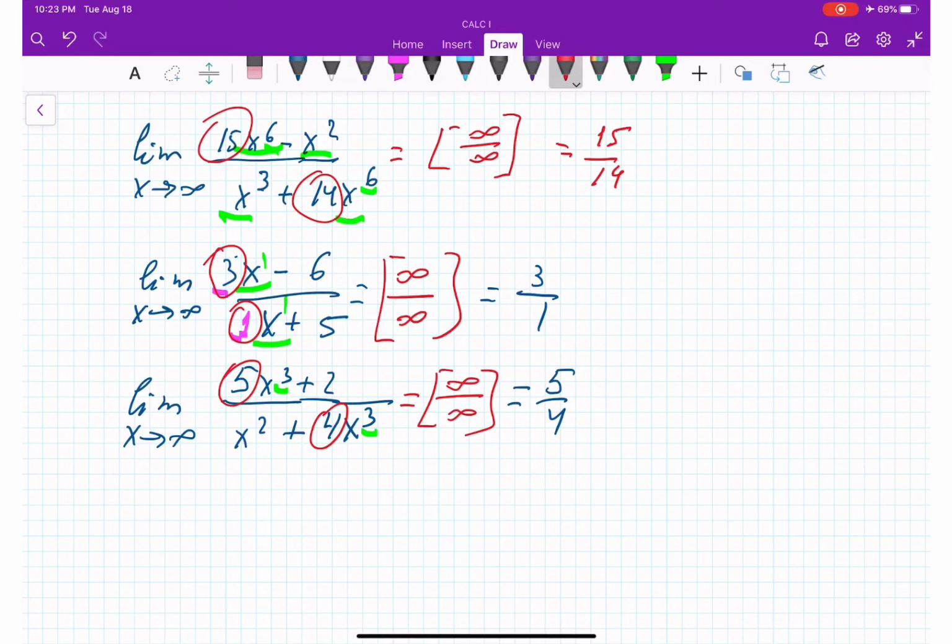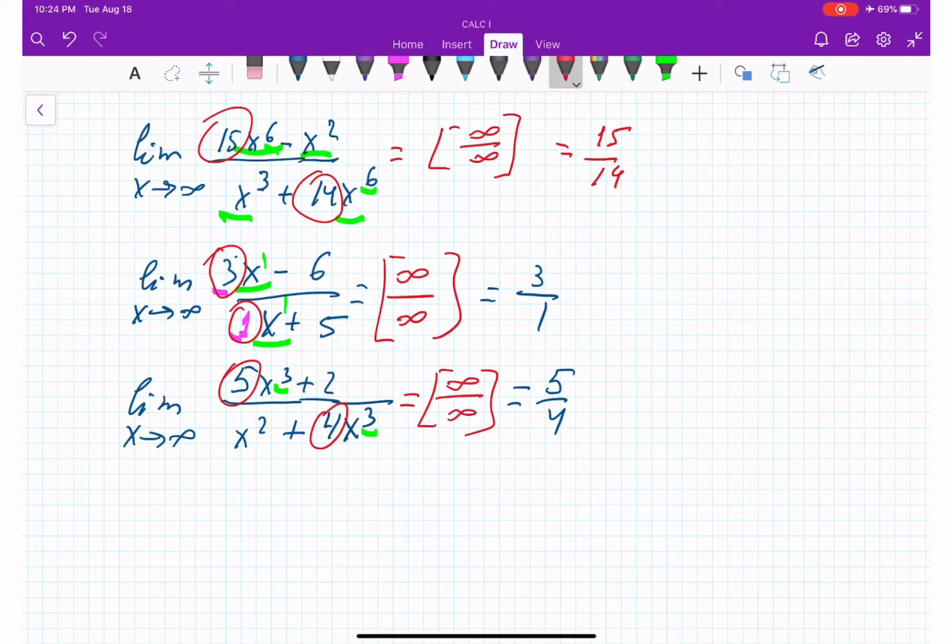And if the highest degrees in numerator and denominator are the same, then the limit is going to be the fraction of the coefficient of the highest degree in the numerator over the coefficient of the highest degree in the denominator.